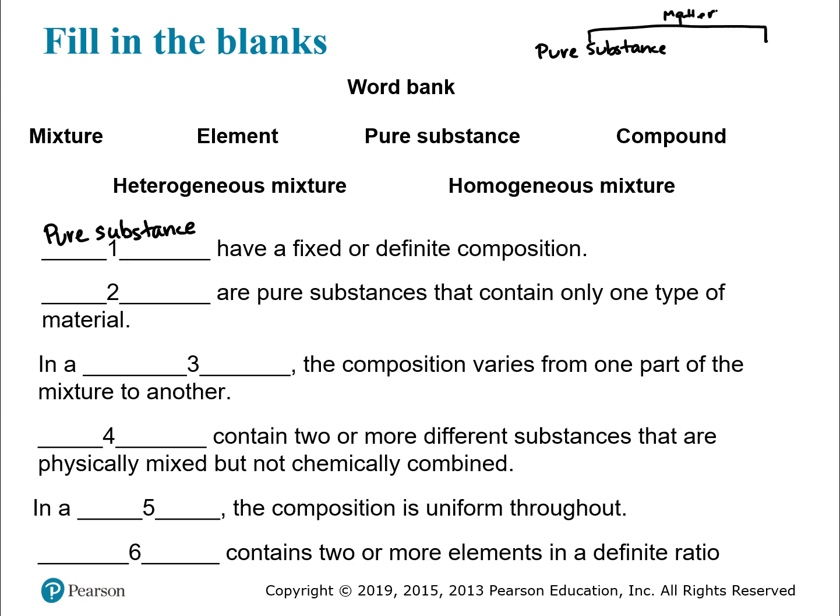So that was pure substance. Number 2, we're talking about pure substances that contain only one type of material. That's an element.